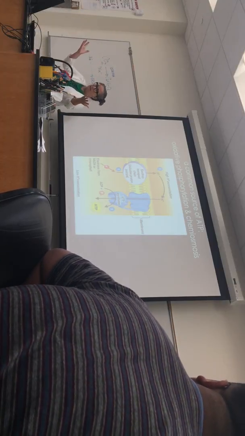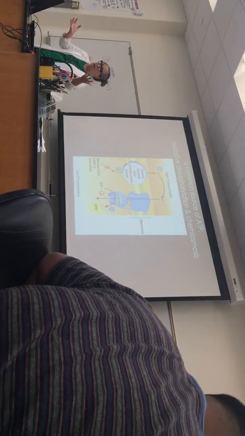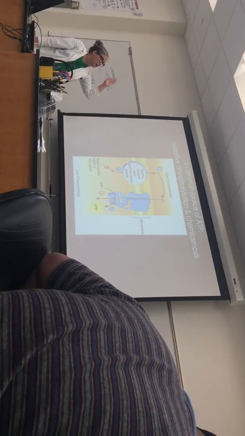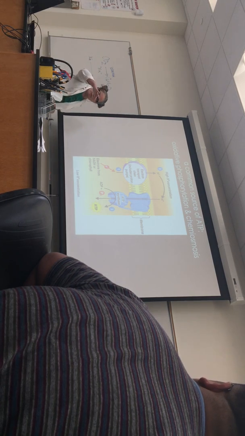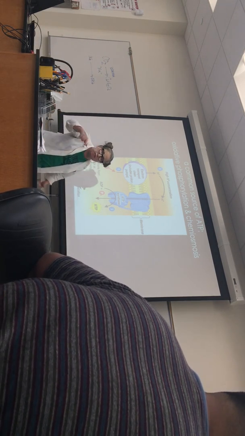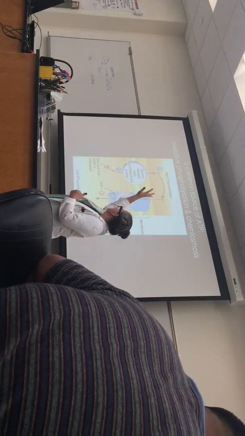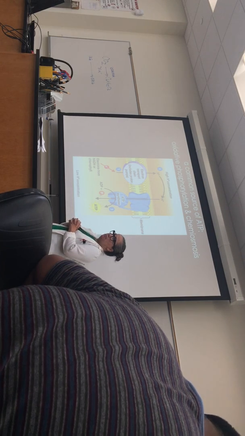Substrate level, oxidative. Substrate gives me a little bit of ATP, oxidative gives me a lot. I already know I need a lot of ATP, so what do I need to do to make that ATP? Oxidative phosphorylation. I need to move electrons through an electron transport chain so that that will drive the pumping of protons so that those protons will move through an ATPase and make lots of ATP for me.